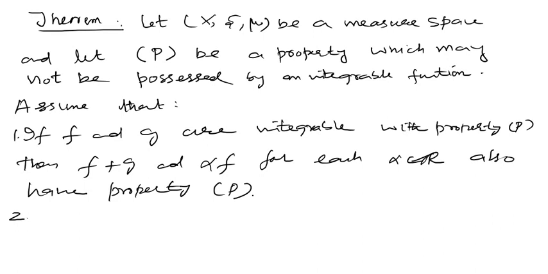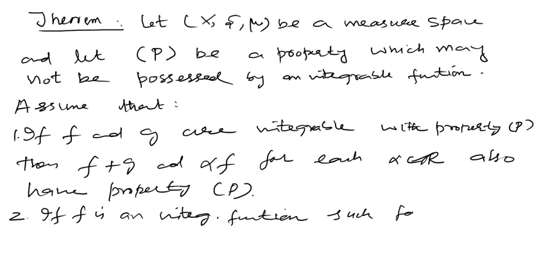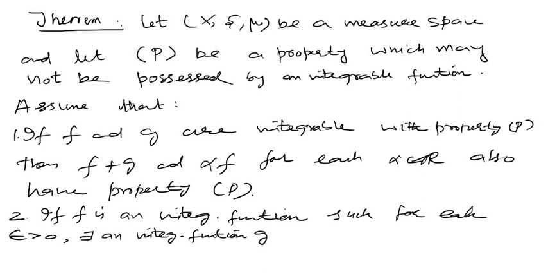If f and g are integrable satisfying this property P, then f plus g and alpha f also have this property P. And second is, if f is an integrable function such that f does not have the property P, but for each epsilon positive there exists an integrable function g with property P.